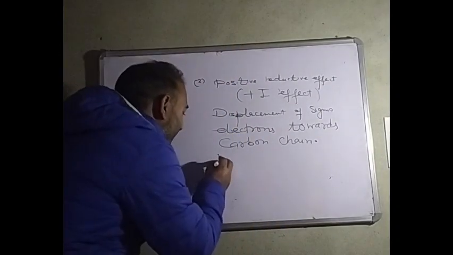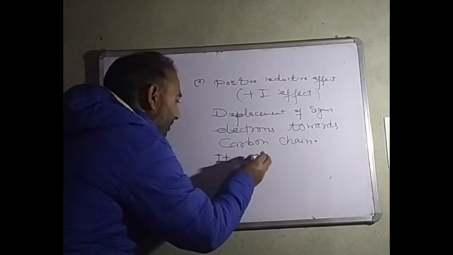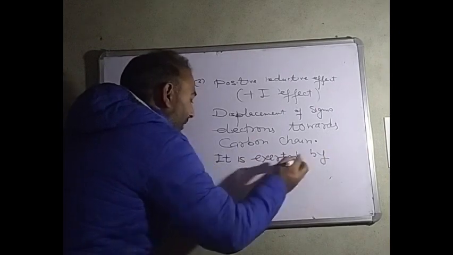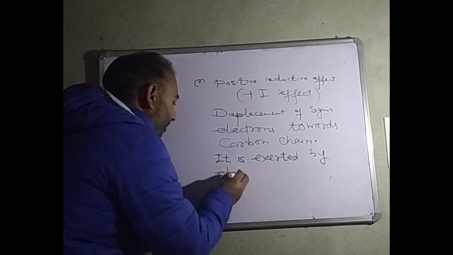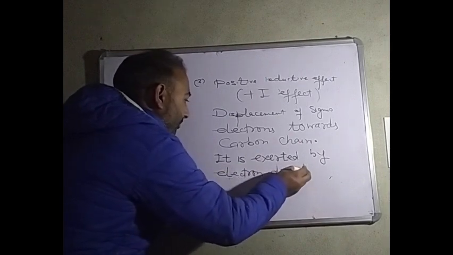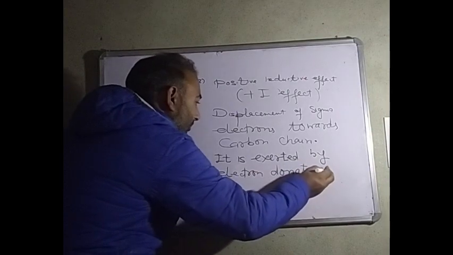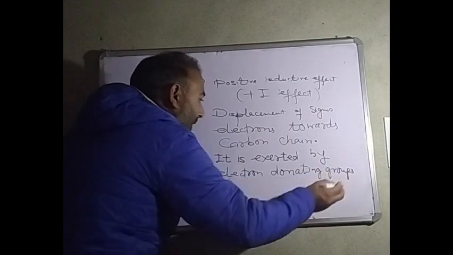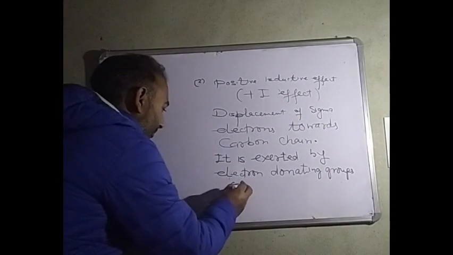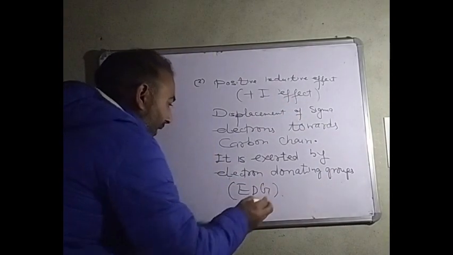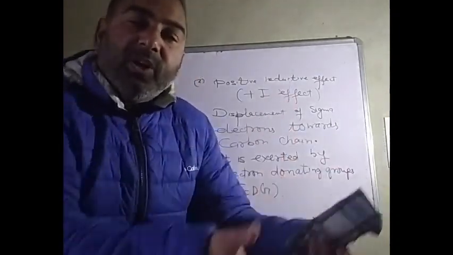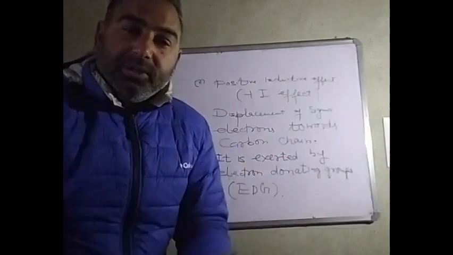So it is exerted by electron donating groups or electron releasing groups. They release sigma electrons towards carbon, towards a functional group.